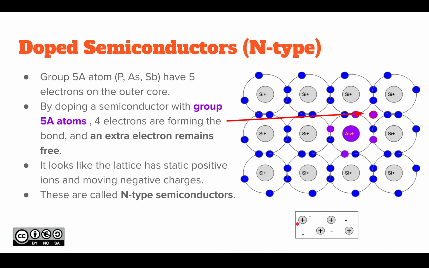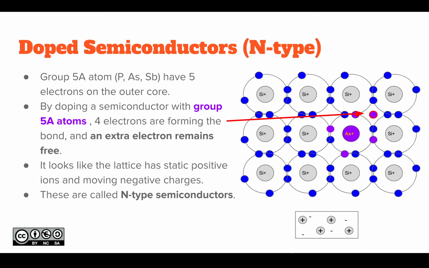That's a simplified model of what this N-type semiconductor actually looks like. And by the way, the total charge is still 0. It's just that those negative charge carriers can be moved.